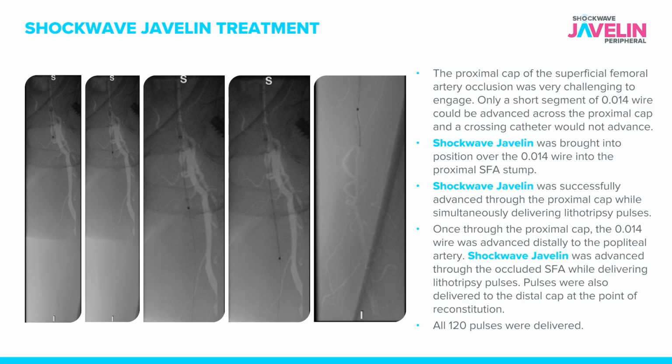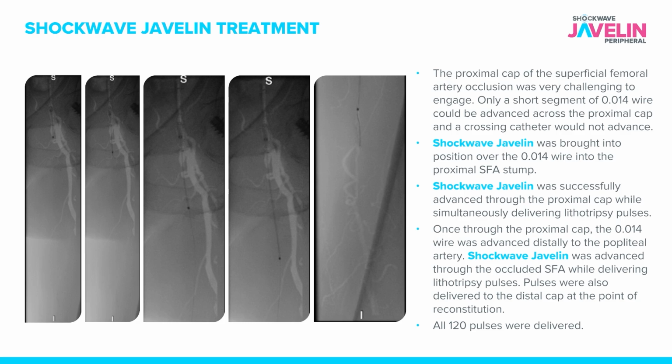The wire was then advanced easily throughout the remainder of the superficial femoral artery and popliteal artery through the area of distal reconstitution. The Javelin catheter was slowly advanced through the entire occluded segment while delivering lithotripsy pulses. At the distal cap where the reconstituted popliteal artery segment was, we delivered additional pulses and spent time here in order to facilitate luminal gain and energy delivery at that site as well.